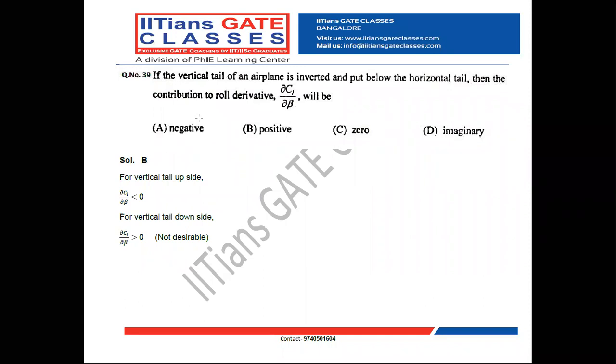Question number 39. If the vertical tail of the airplane is inverted and put below the horizontal tail, then the contribution of the roll derivative dCl by d beta will be option A negative, option B positive, option C imaginary.